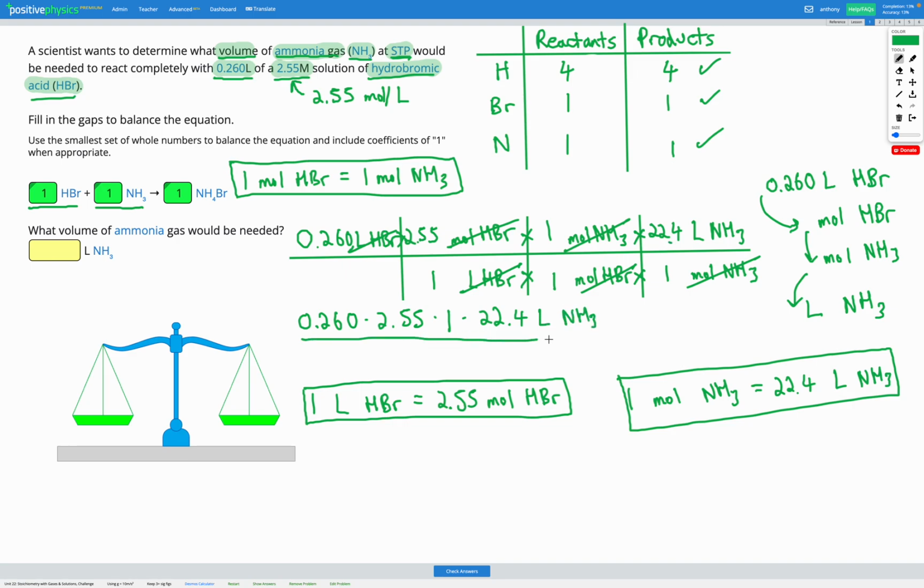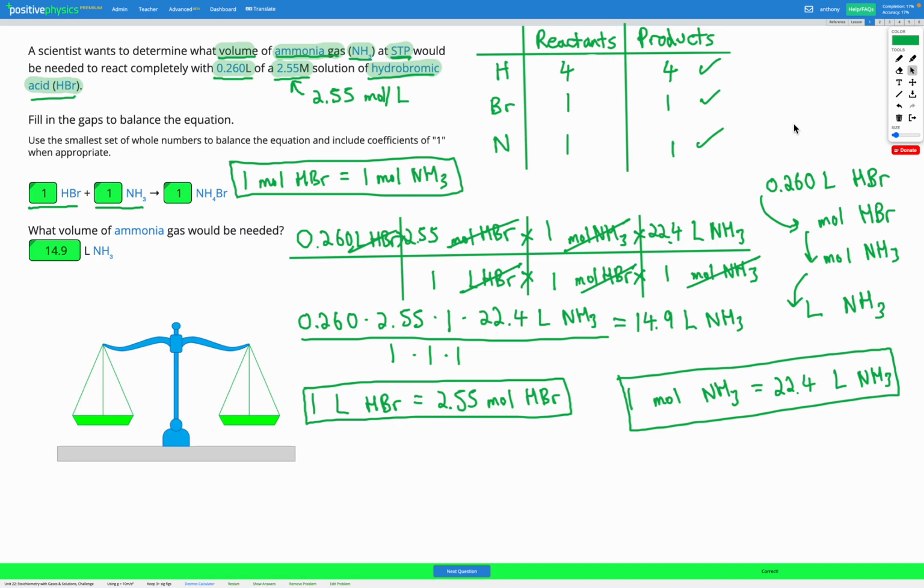And then we're going to divide that by 1 multiplied by 1 multiplied by 1. So if we put that into our calculator, we're going to get out 14.9 liters of NH3. So let's go ahead and check that now. Awesome.